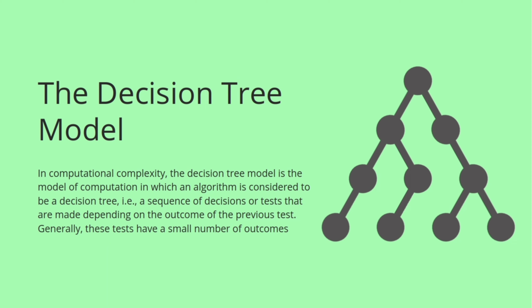In simpler words, we can model an algorithm to be a sequence of decisions it will take to get to the output, where the next decision is based on the previous decision.